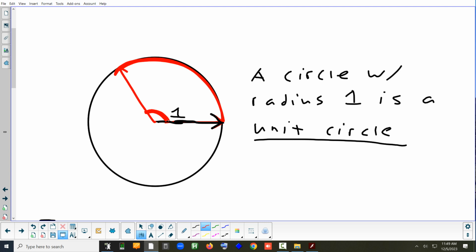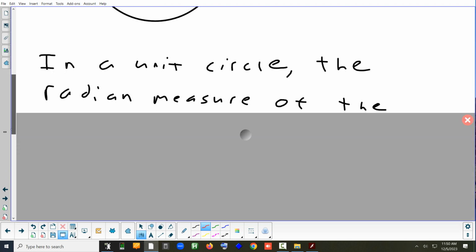So if this angle is 4.9 radians, this would be 4.9, whatever unit you were using, inches. If this angle was 1.3 radians, then this arc would be 1.3 feet. These two numbers always come out exactly the same on a unit circle. If it's not a unit circle, that doesn't happen. But on a unit circle, it does.